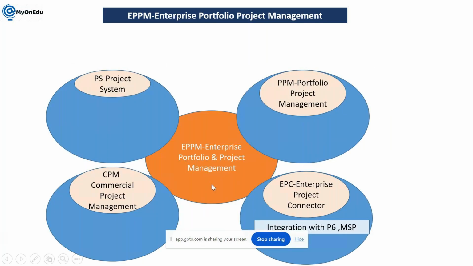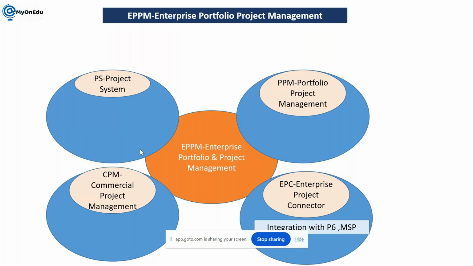Okay, so as I'm explaining here, SAP EPPM is a combination of portfolio and project management, and CPM, commercial project management, and SAP project system, and SAP EPC, enterprise project connection. Okay, so SAP project system is the controlling module here. That is a part of core SAP solution.